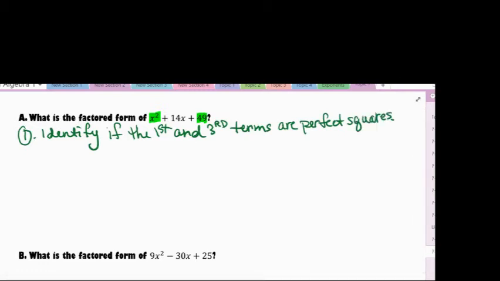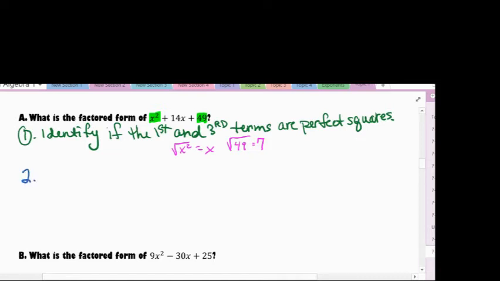So in this case, we see that the square root of x squared equals x, and the square root of 49 equals 7. So we can say that that is true for this step.